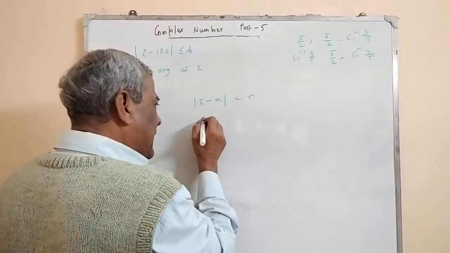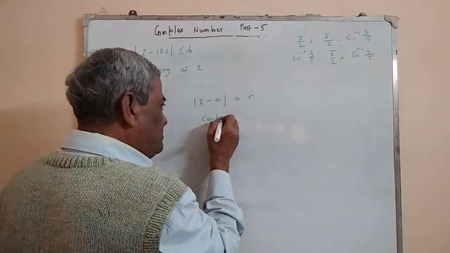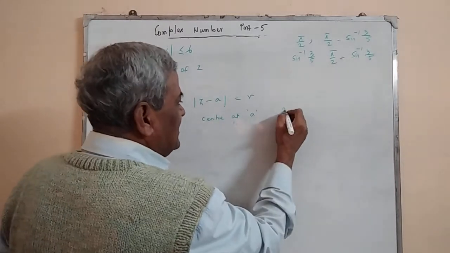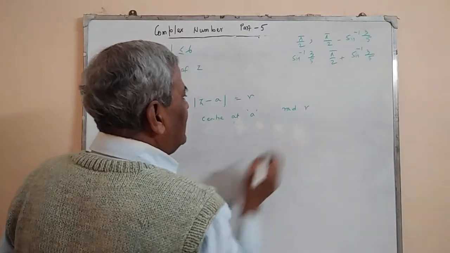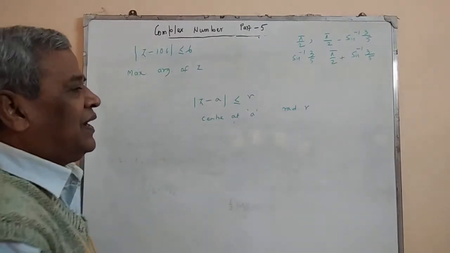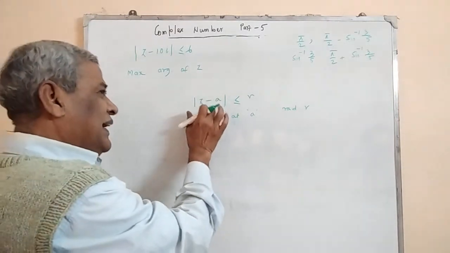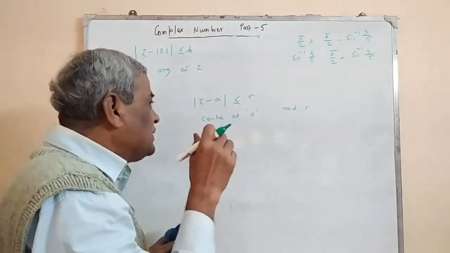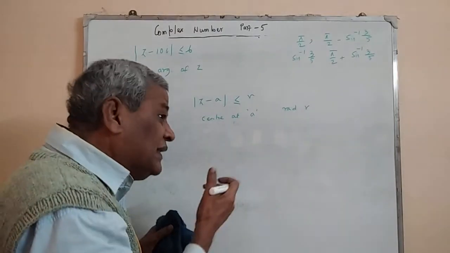with center at A and radius R. Now if it is less than or equal to R, then it represents the circumference of the circle and the region within the circle.